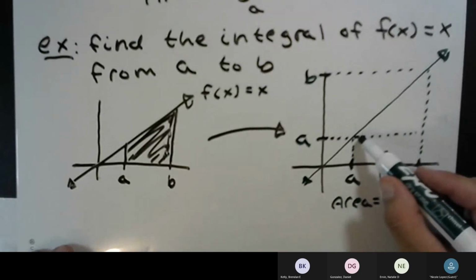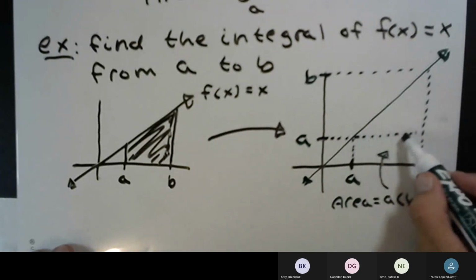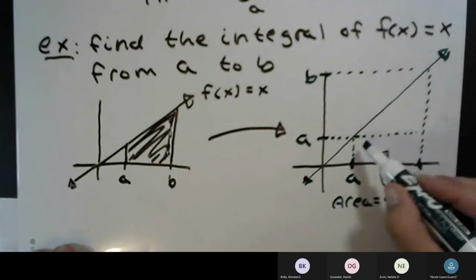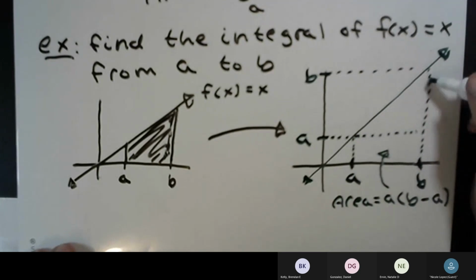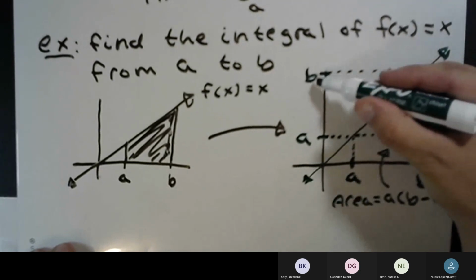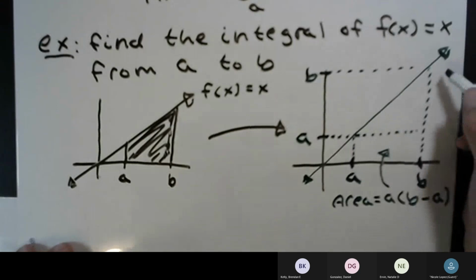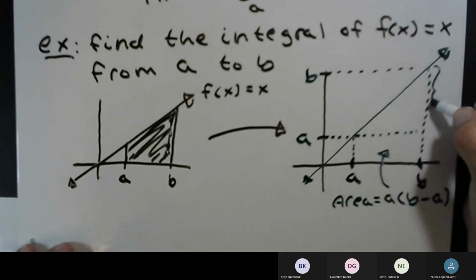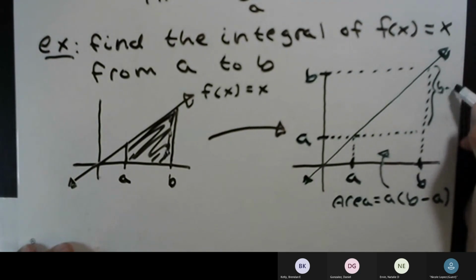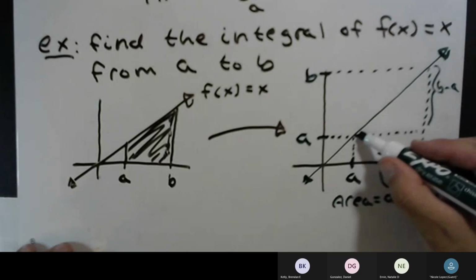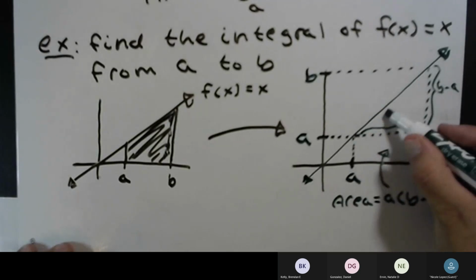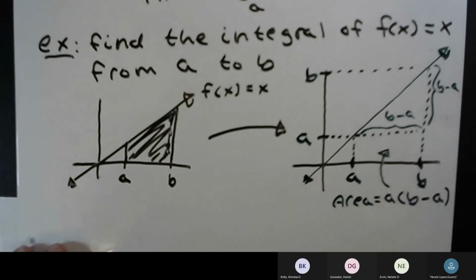Now, this other area has a width of b minus a, and a height of b minus a.